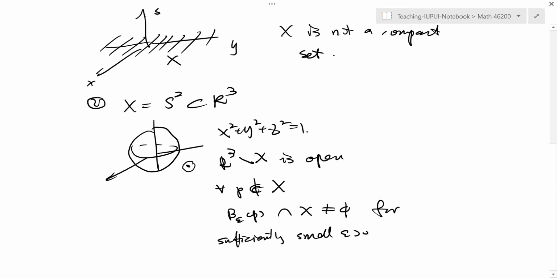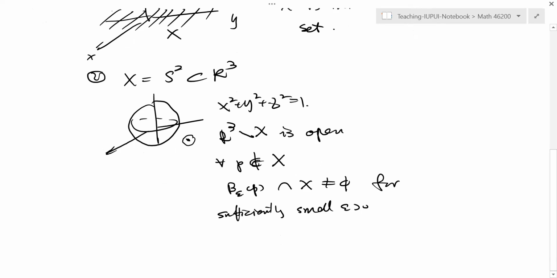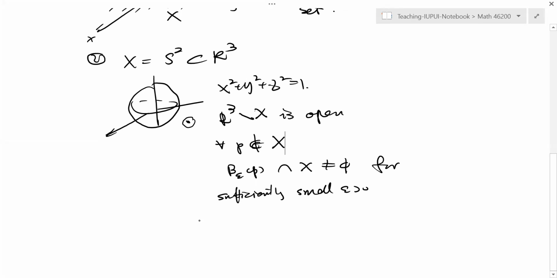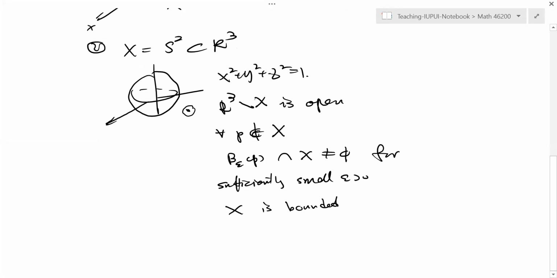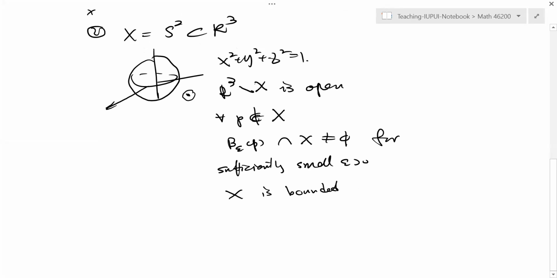So this is an open set, which is why R3 minus X is open. When it's open, then X is closed by definition. And X is also bounded, clearly, since it is contained in a bounded ball. Therefore X is compact as a subset in R3.